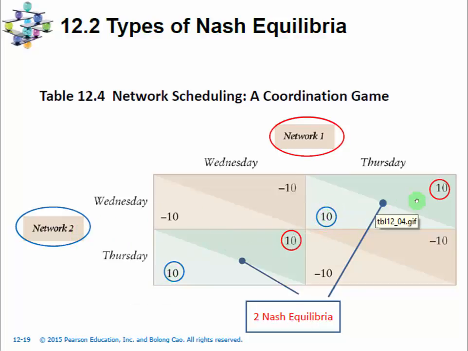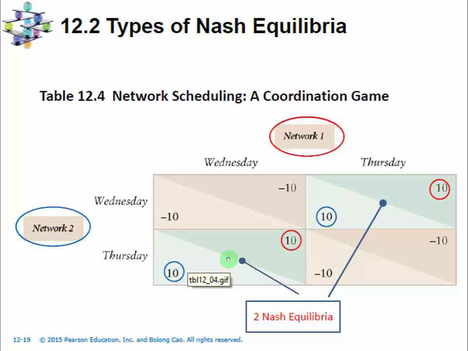And now there are two cells in this payoff matrix that contain the best responses from both players. So each of these green cells contains a blue circle and a red circle. These are two Nash equilibria. Facing these two Nash equilibria, we become the two-handed economist.